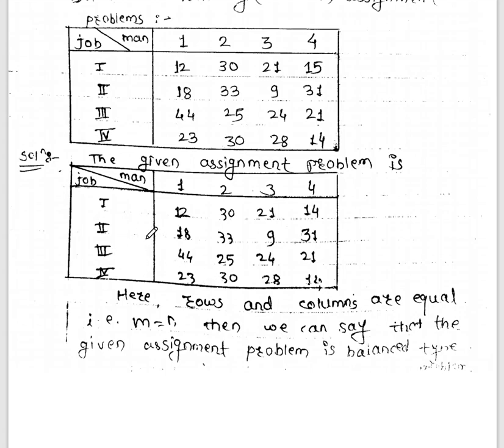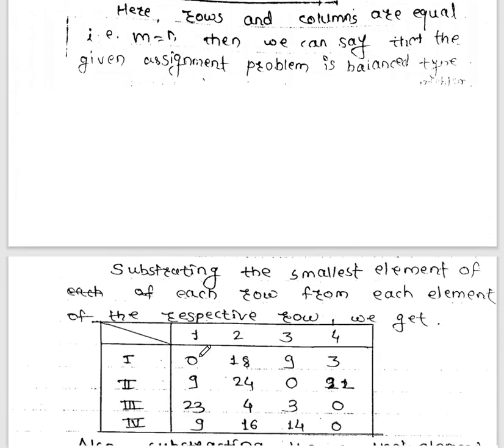Here the number of rows is 4 and the number of columns is 4. So the given problem is a balanced type problem.